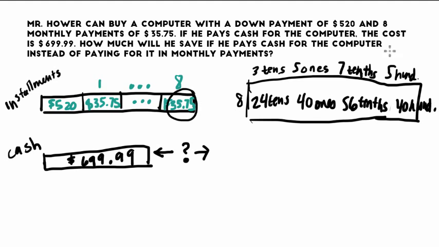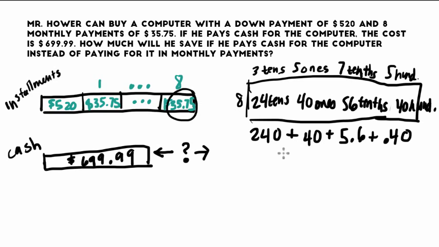So then we just bring them down. What's 24 tens? It's 240. What's 40 ones? Exactly that, 40. What's 56 tenths? It's 5.6. And what's 40 hundredths? That's 0.4.